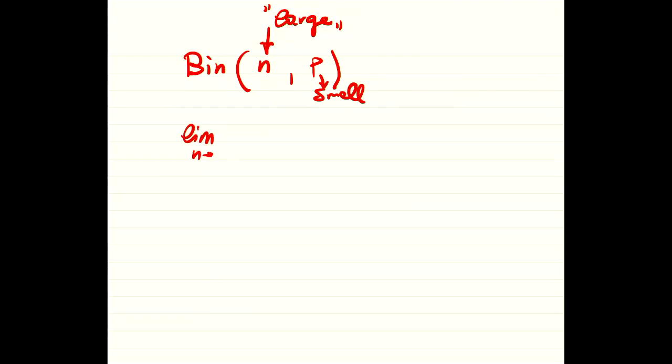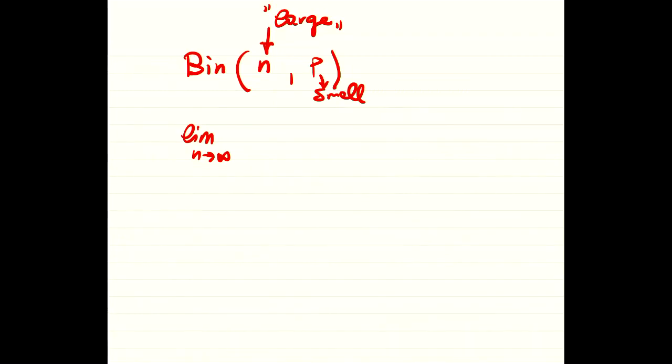So, binomial with n, where consider n large, and for a moment I'll tell you what that means, and p, where p is small. Let's be more precise. I'm going to send n to infinity. That's what I mean by large.